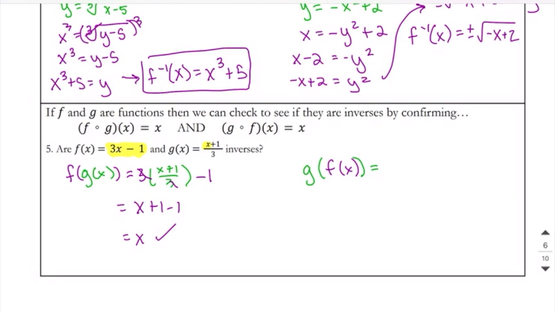In place of that x up top, we have a fraction, and we're going to plug 3x minus 1, and then we still have the plus 1 over 3. And on the top, 3x minus 1 plus 1 just becomes 3x over 3, and the 3's cancel, and we end up with x. So because we did composition both directions and we got x both times, our answer is yes, they are inverses.